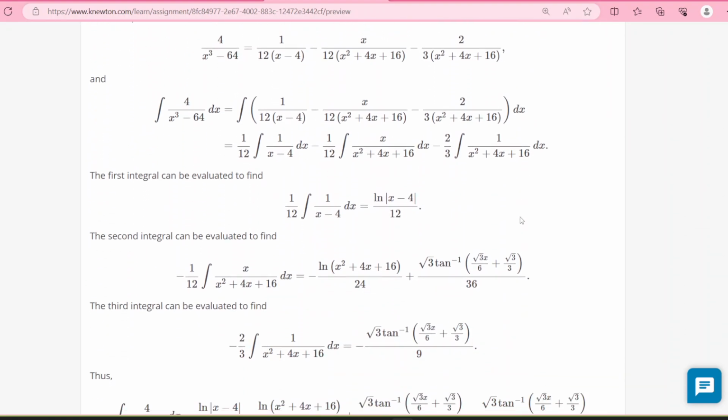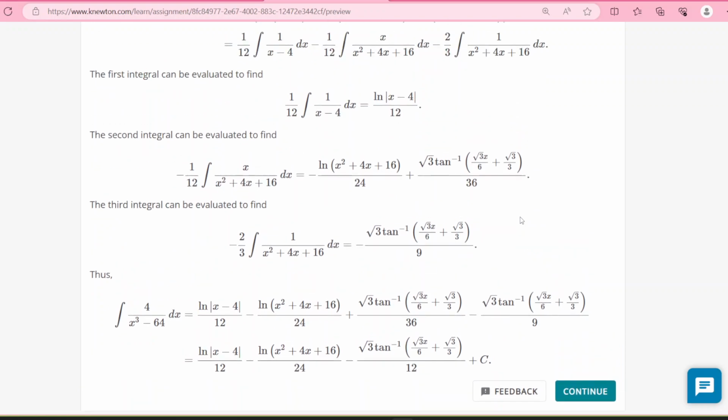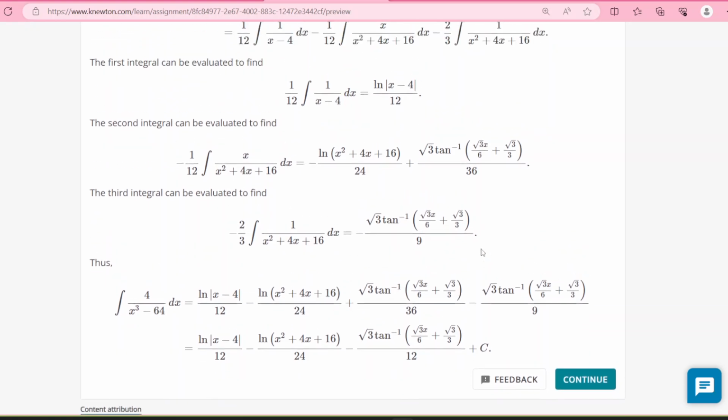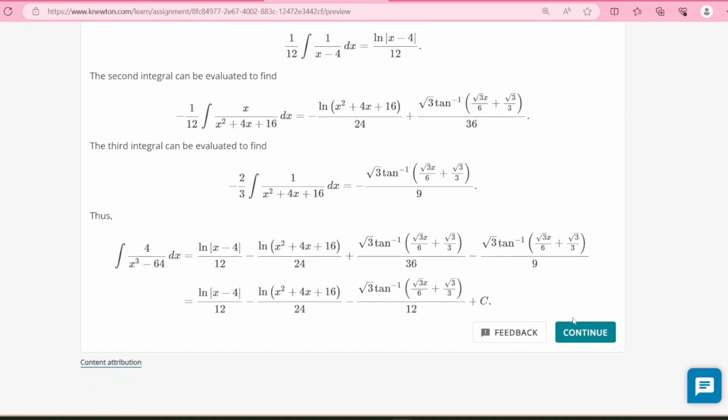Let's see, how do they do the integral? Huh, I love this. The second integral can be evaluated to find this, and the third to this, and then they put them all together. They don't show you how they did it. Okay, that's fun.